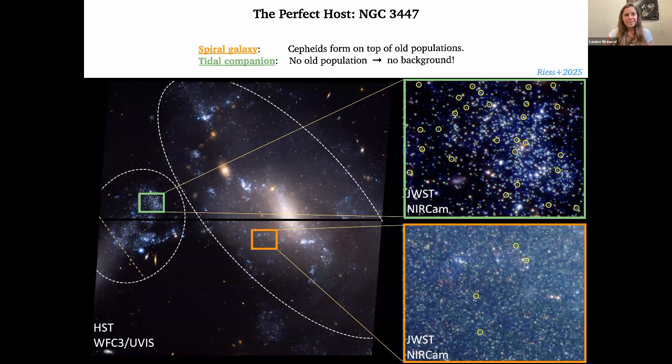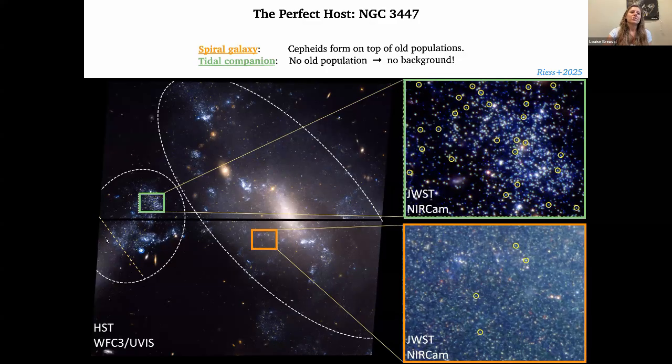Even more interesting, among these hosts on the second rung, there's this one, and it's called the perfect host. This has been published in Riess 2025. This galaxy is really interesting because there's the main host, a spiral galaxy here, and it's dominated by old populations. So if you look at Cepheids here, there's a non-negligible background.